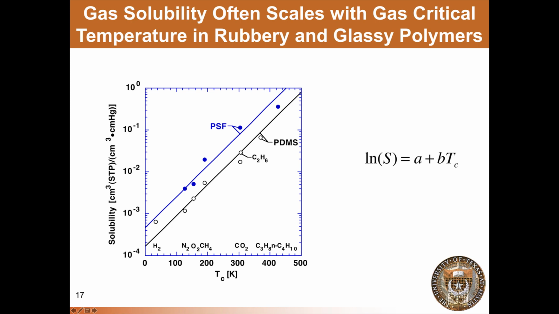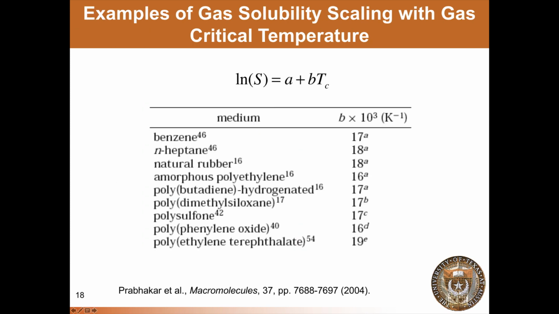And we often express solubility using this model, where A would be an empirical parameter that adjusts the solubility lines vertically, and B would be the slope of these lines. What's interesting is that slope B is virtually independent of the medium into which the gases are dissolving.